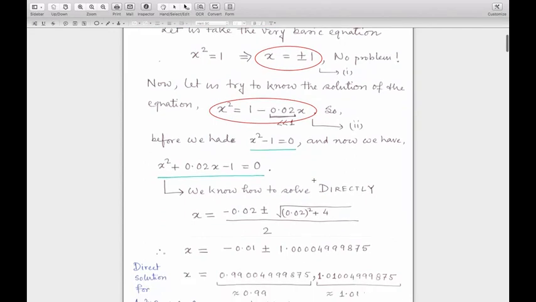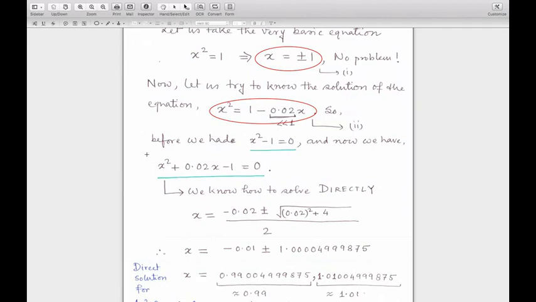But it is also true that, given this is a quadratic equation, irrespective of the value of epsilon, whether it is big or small, we know how to solve quadratic equations directly. So that we will exploit here.